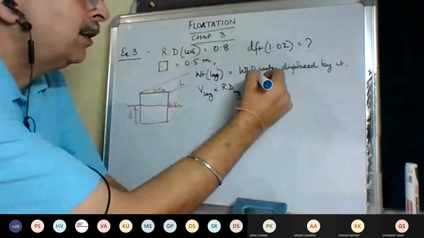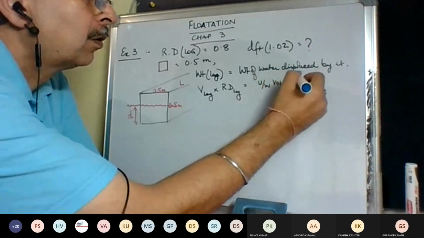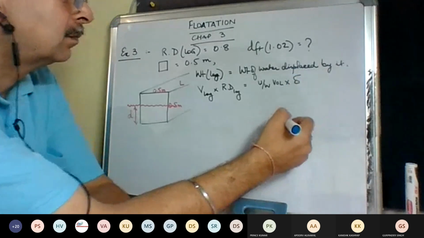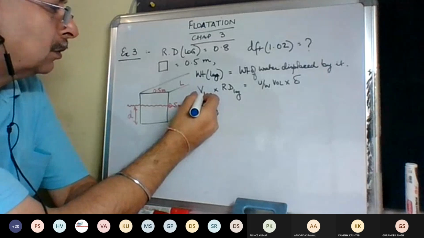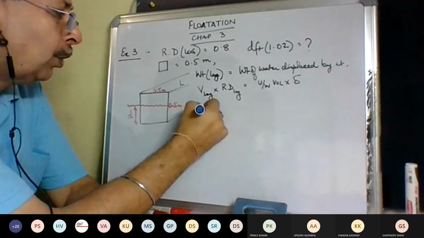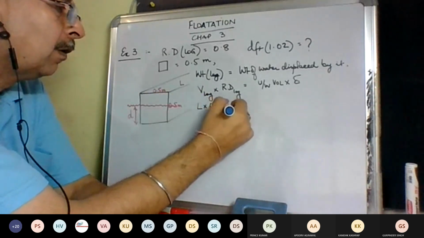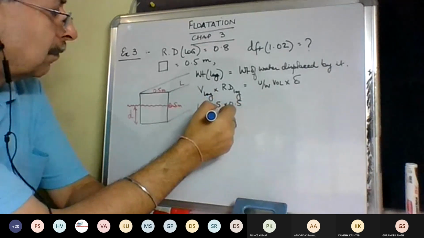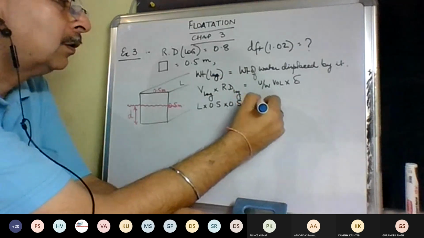Weight of water displaced by it is the underwater volume into density of the water. Volume of the log will be length into breadth into height. This is the volume of the log into RD of the log, 0.8.